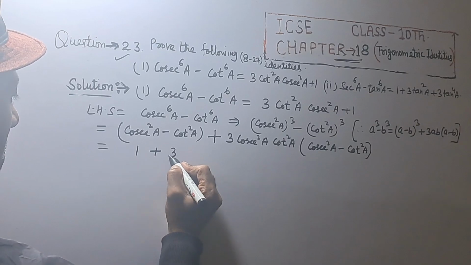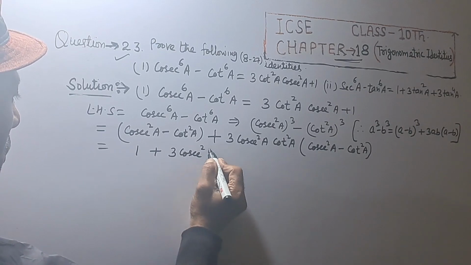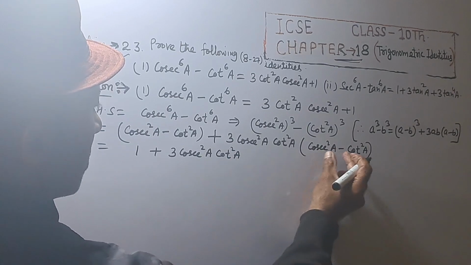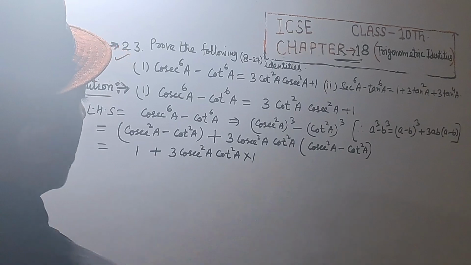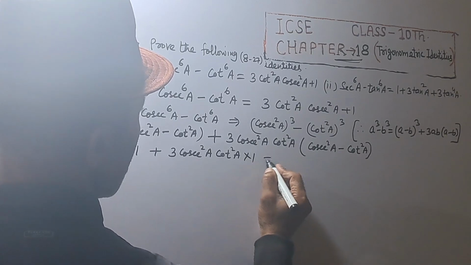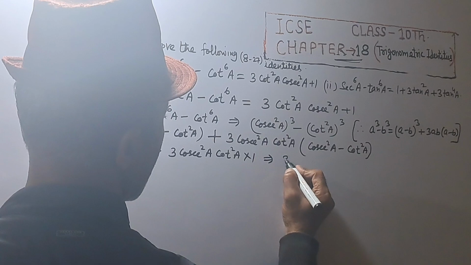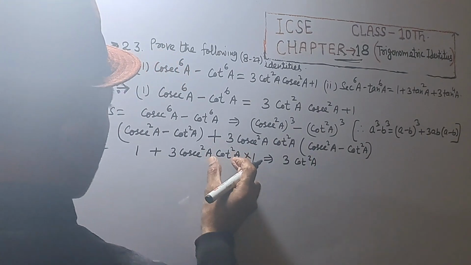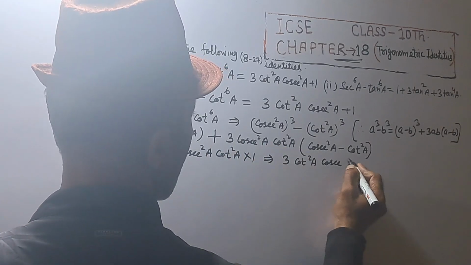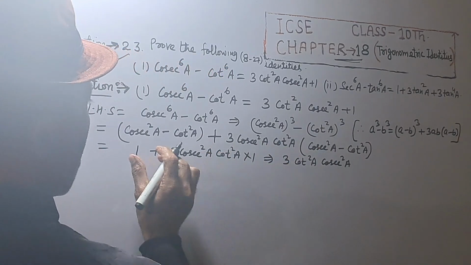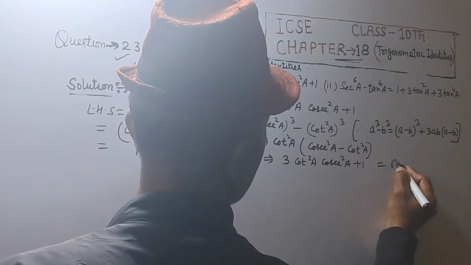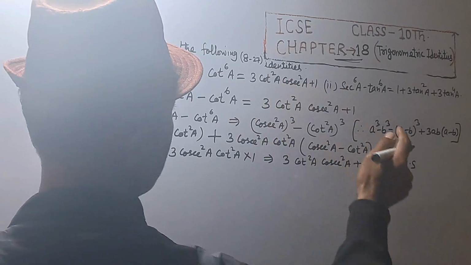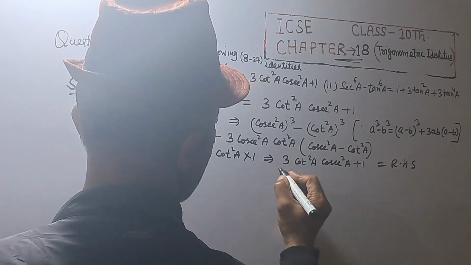So 1 plus 3 cosec^2 A into cot^2 A, and cosec^2 A minus cot^2 A is also equal to 1, which implies we get 3 cot^2 A into (cosec^2 A plus 1), which is our right hand side.